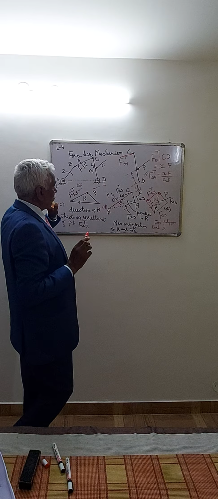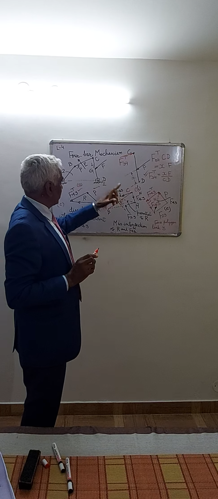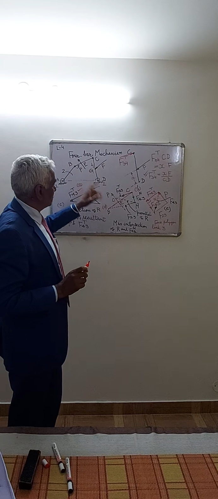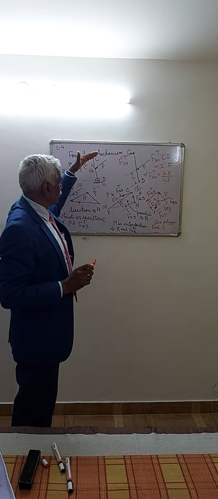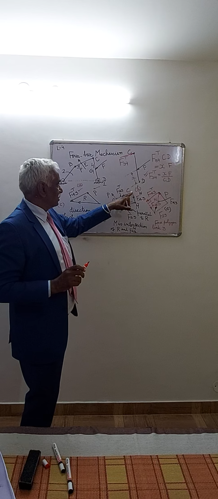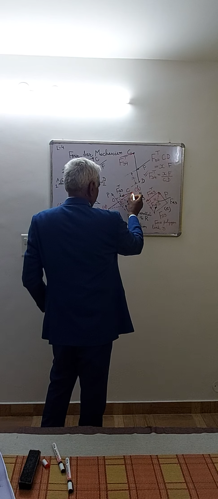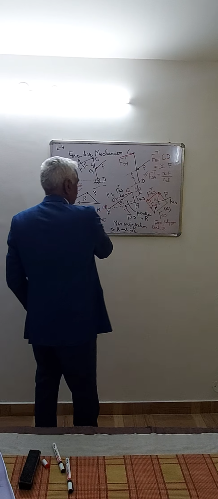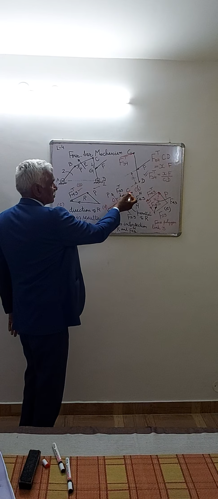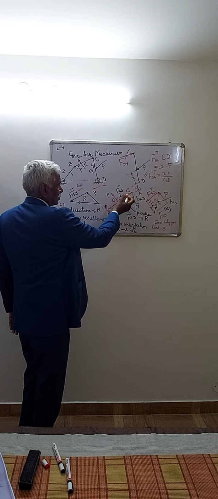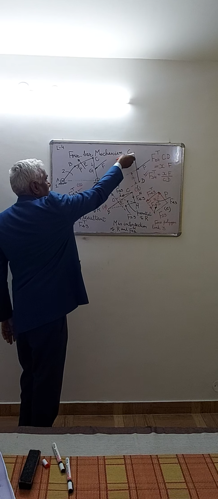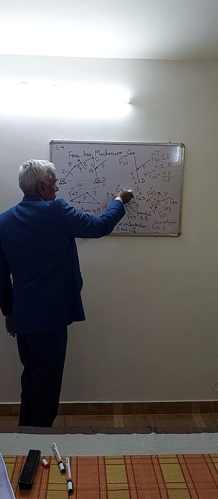Now, the line of action of F43T, the force acting on link number 3 from link number 4, will pass through point C. So from C, draw a line parallel to F43T like this. This line CO is parallel to F43T.